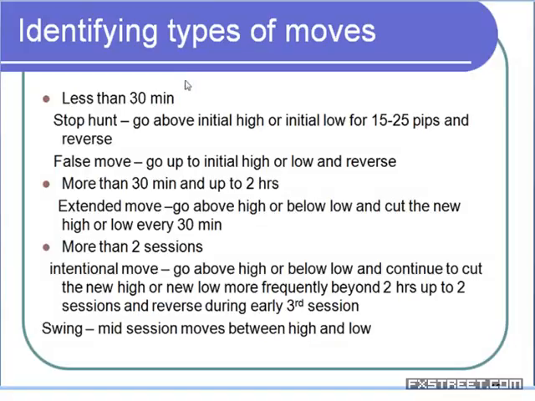Then we need to identify the type of moves. There are 2 categories: the moves which happen in less than 30 minutes and the moves which happen in more than 30 minutes. The moves which happen in less than 30 minutes are stop-ins and false moves. The stop-ins they do during the start and during the early and late session times of the 3 different sessions.